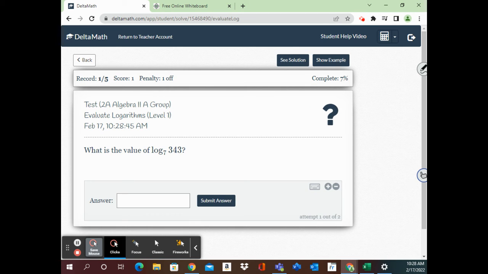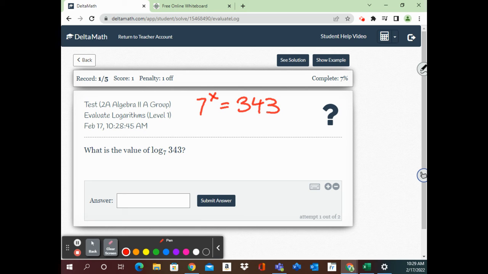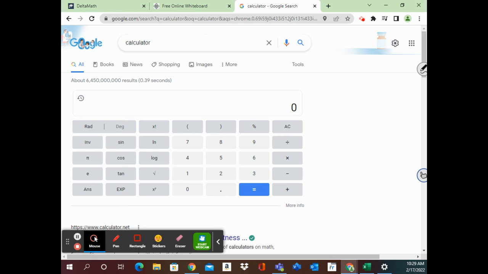All right, the next problem says log base 7 of 343. Again, I want to write it in a way that I understand. I know I understand exponents, so I'm going to write this as 7 to the x is equal to 343. Now I'll go to a calculator.